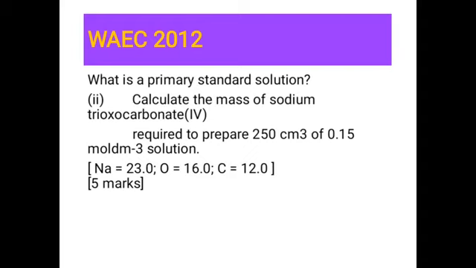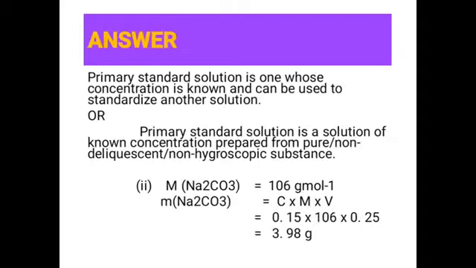Now, WAEC 2012 asks: what is a primary standard solution? Then calculate the mass of sodium carbonate required to prepare 250 cm³ of 0.15 mol/dm³ solution. A primary standard solution is one whose concentration is known and can be used to standardize another solution.